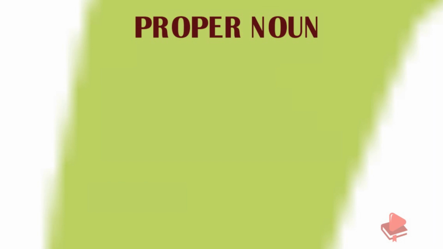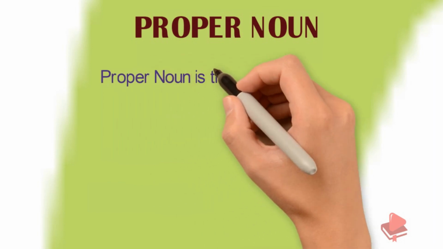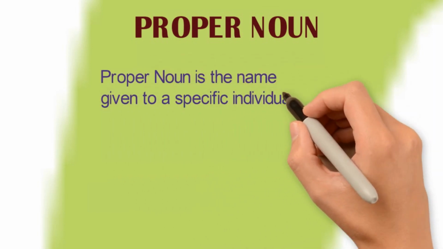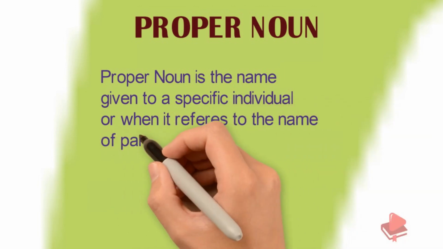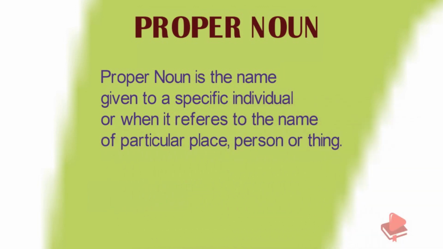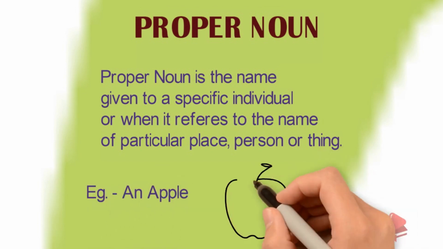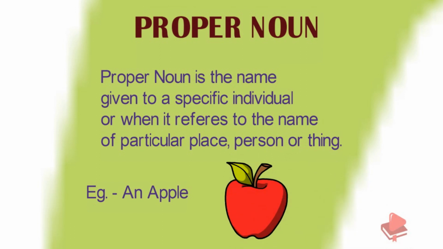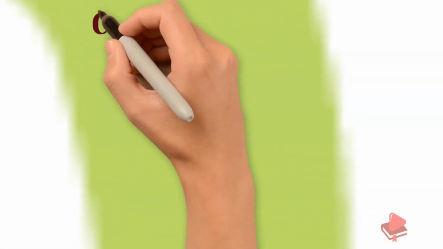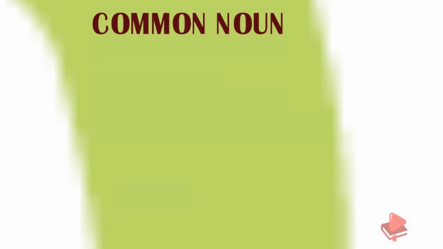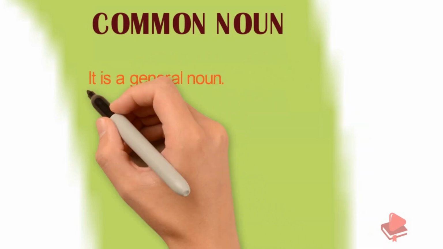Let's see what is proper noun. Proper noun is a name given to a specific individual, or when it refers to the name of a particular place, person, or thing. For example, an apple. It's a particular fruit. So that is a proper noun. Whereas common noun is a general noun.